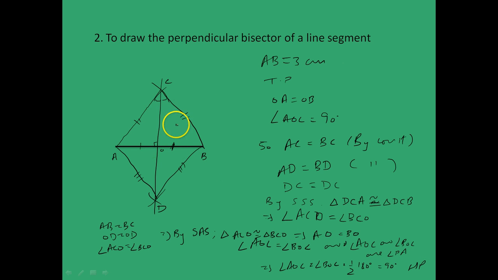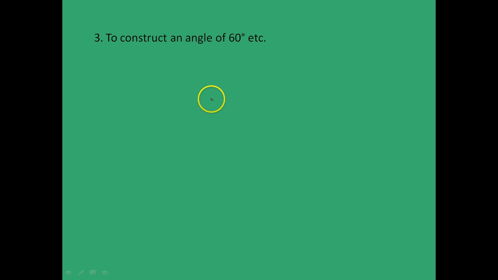So we have justified this construction also. Now we'll see how to construct angles of say 60 degrees or some other general angle. We'll start off with 60 degrees. So start with the base ray, and now with this point as the center, draw an arc of arbitrary radius, preferably small.